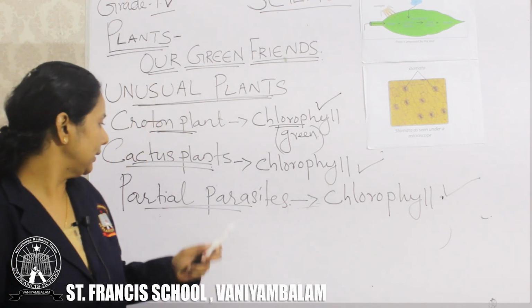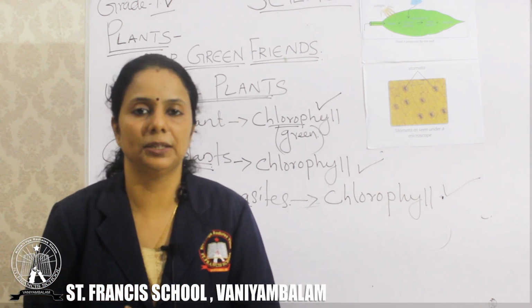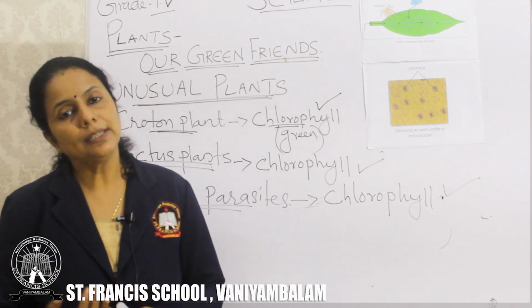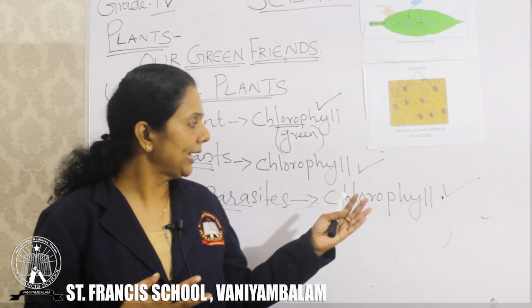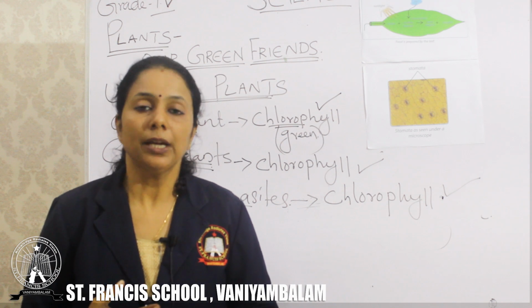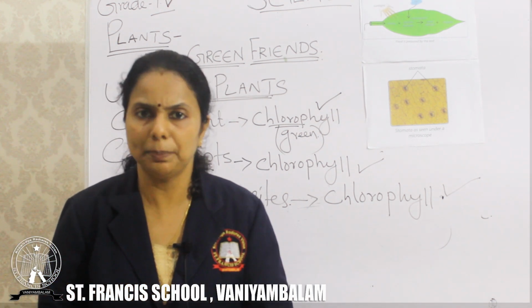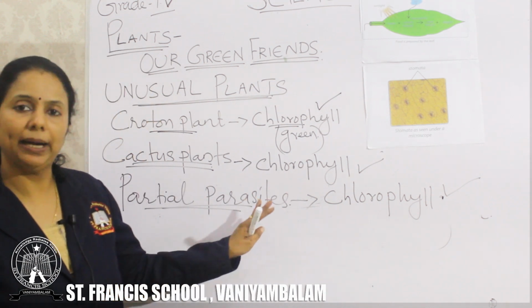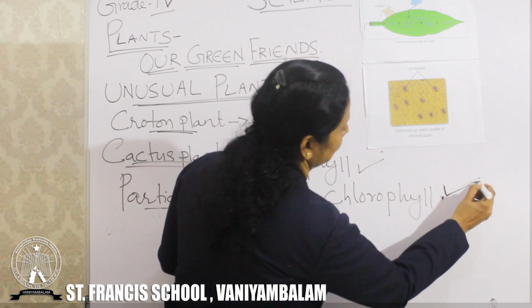In partial parasites, the chlorophyll pigment, the green colored pigment, is present, and these plants can make their own food. They don't have to take food from other plants, because chlorophyll is present in the plants.